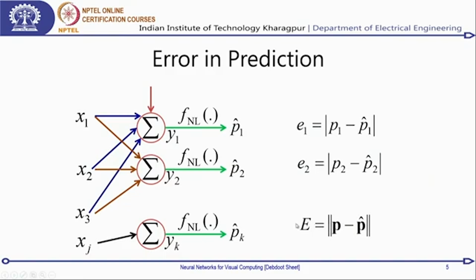This will give me a single scalar value, and that is my error E. Now, the whole statement of learning over here is that I should somehow be able to get a network such that this error comes down to 0.